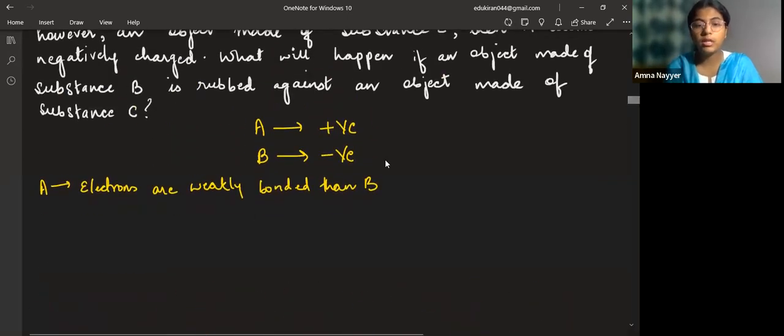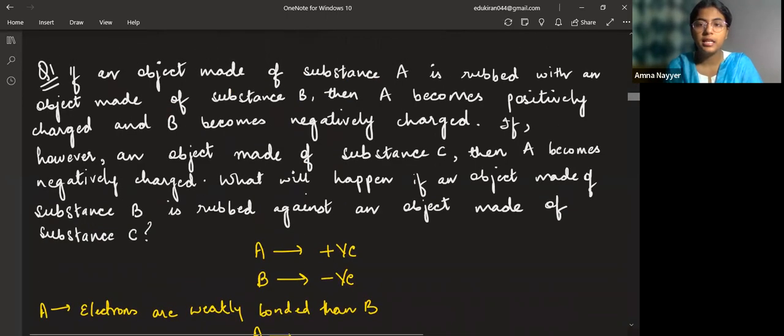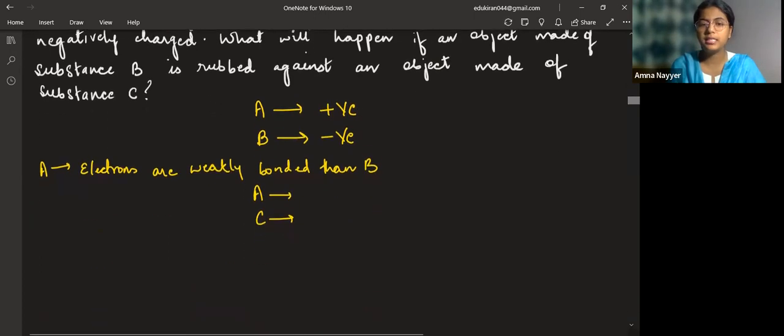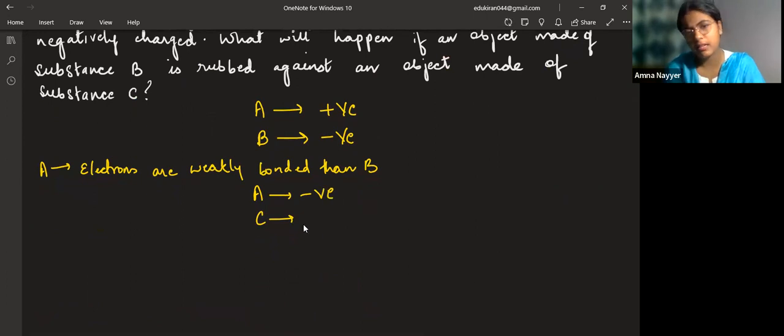Now see, what about A and what about C? What is the question saying? It is saying that if an object made of substance C, means C and A are rubbed, A becomes negative, so by default C becomes positive. If A is negative, then obviously C is positive.